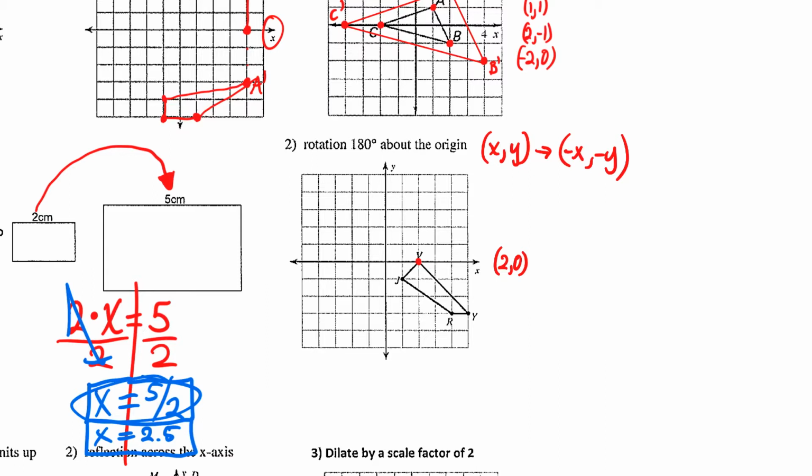Okay, what's the coordinates of J? 1, negative 1. So if I change the signs on both of those, where's it going to be? Negative 1, 1. What are the coordinates of R? Good. 4, negative 3. Change the signs on that. Negative 4, positive 3. And then what are the coordinates of Y? 5, negative 3. So if I change the signs there, it just becomes negative 5, positive 3.